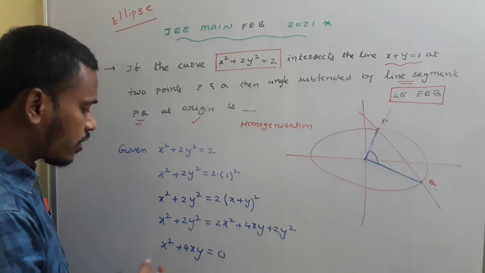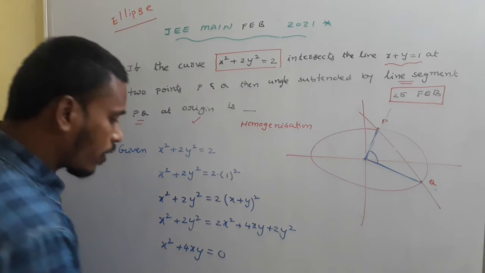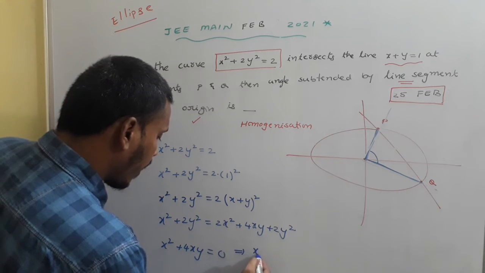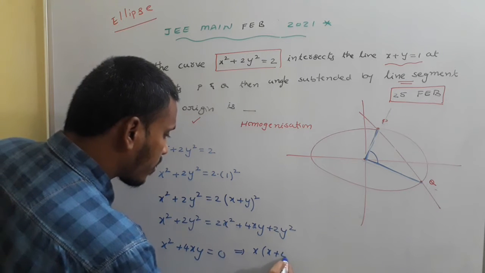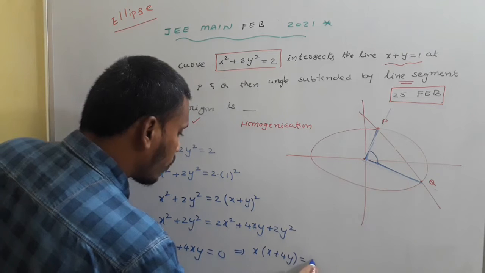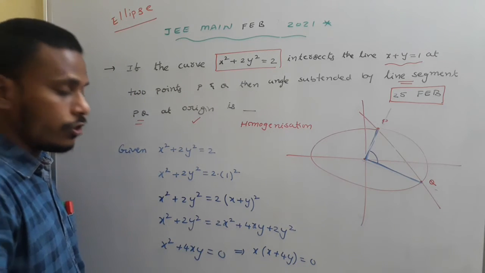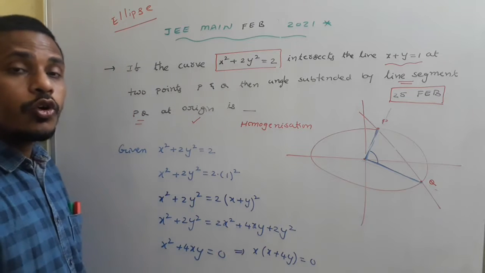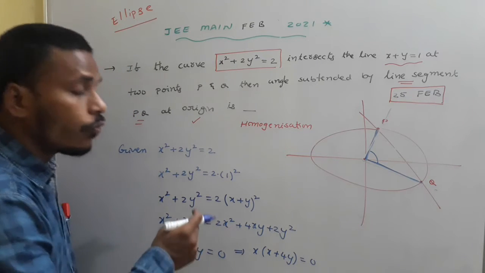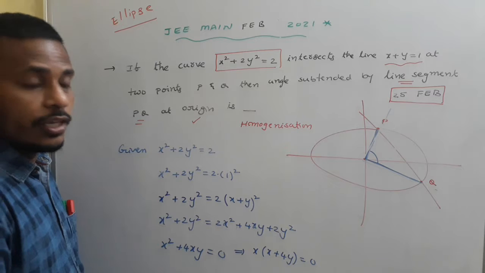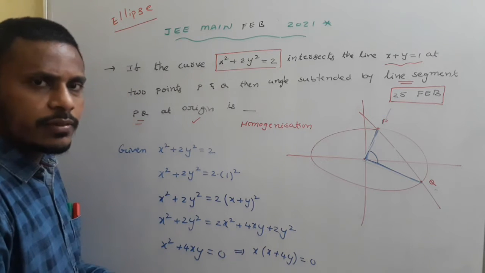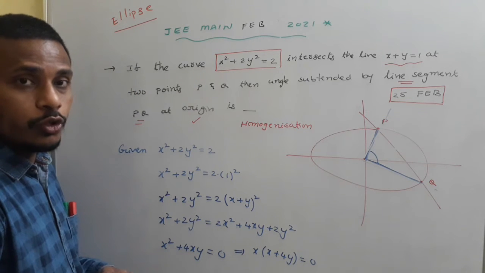There is a chance of taking x common. This is nothing but x into (x plus 4y) is equal to 0. So x is equal to 0 is one line, x plus 4y is equal to 0 is the other line. You split it into two lines and then try to find the angle between those two.